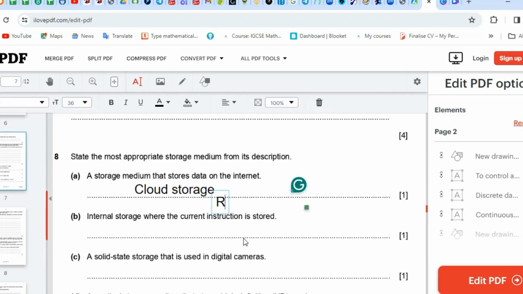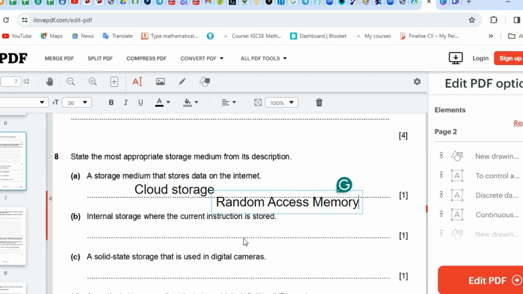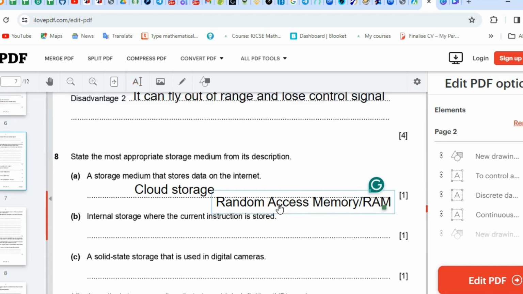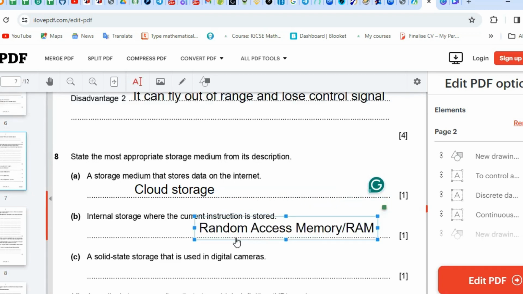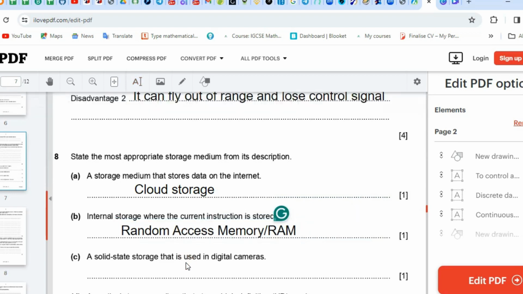Random access memory, which is known as RAM. That's the answer to internal storage, where the current instruction is stored.